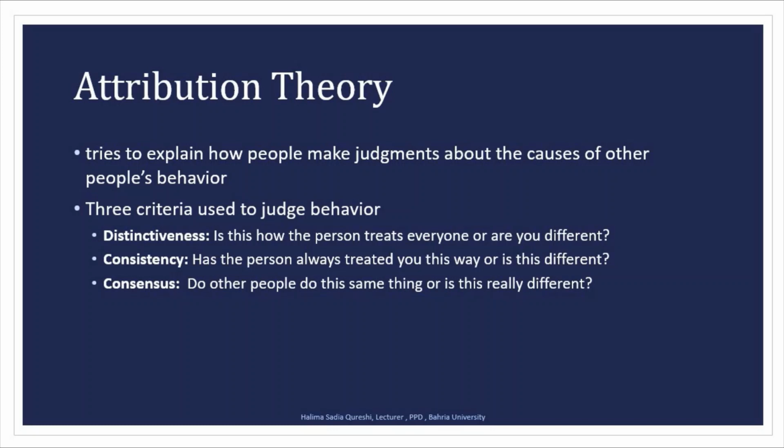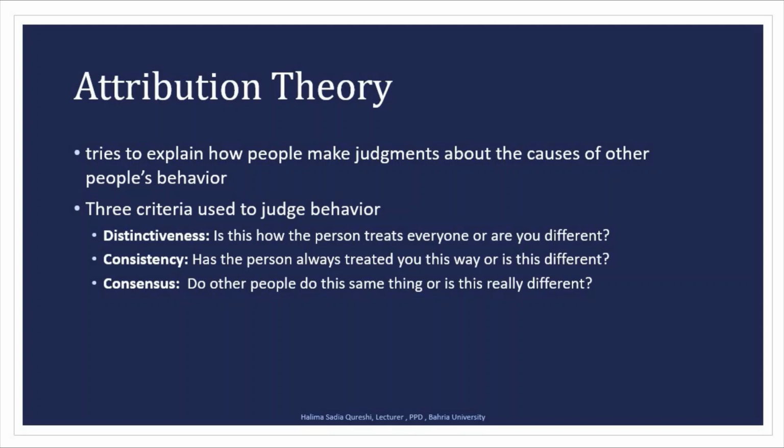Or the consensus could be whether other people also think that this has happened, if he has ignored you or even greeted you, because of the situational factor, since people do certain things in particular situations. So these are the three things, and we have applied them to you as well.